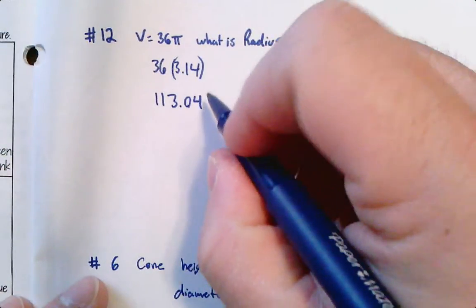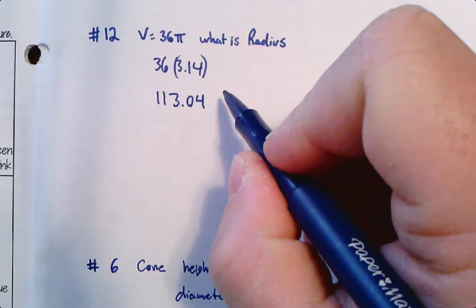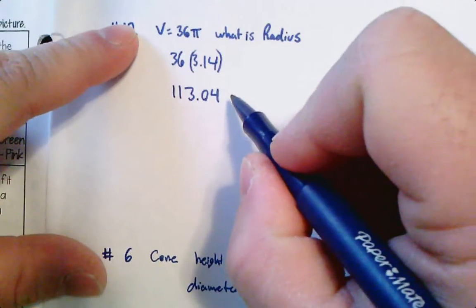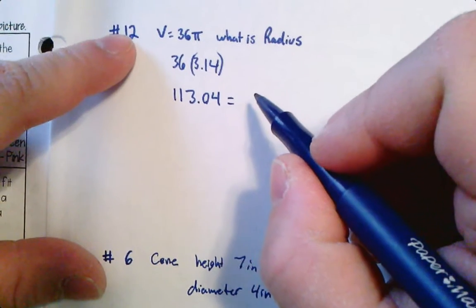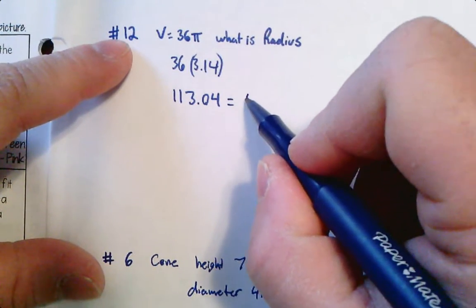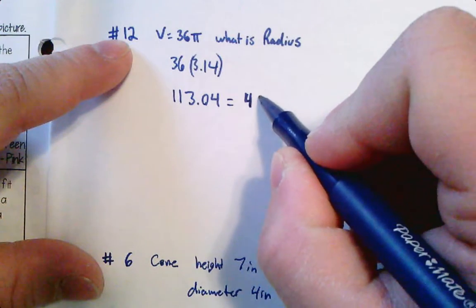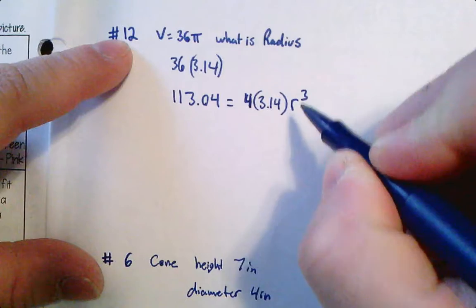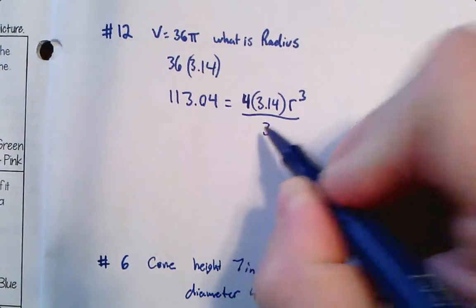So we know that, let's see, what other information are we given? Not much, because all we have is the volume and the radius that we need. So the formula for a sphere is 4 times pi, which is 3.14, times the radius cubed, all divided by 3.